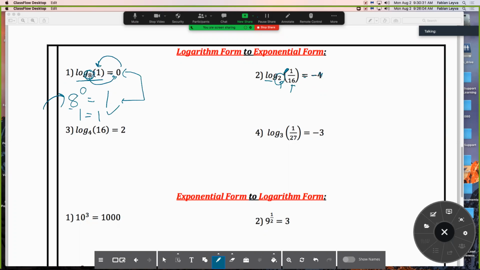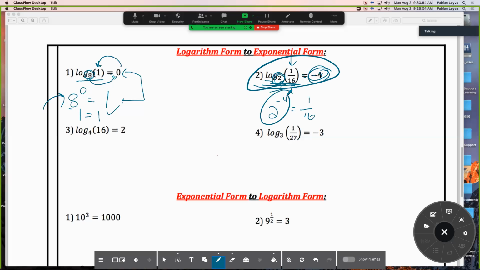Well, that means that that little subscript, that base, is the base of my exponent. Now, whatever my log is equal to, remember, that is the actual exponent, which in this situation is a negative 4. And that base raised to that exponent is always going to equal the inside, which in this situation is 1 over 16.